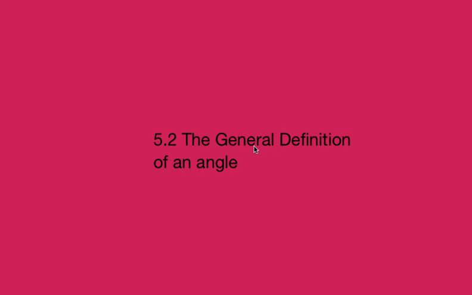So today we're going to be looking at the general definition of an angle. So let's think about mathematically what we think about when we think of an angle. We're going to have some axes.